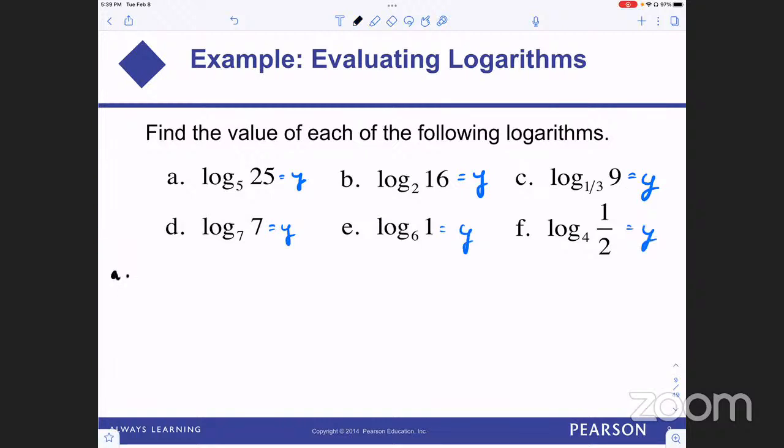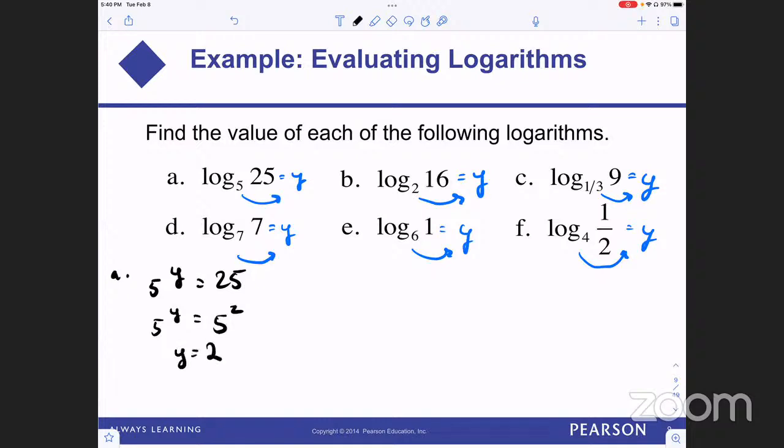For A, if we rewrite this as an exponential, 5 to the power of y equals 25. So then you have 5 to the power of y equals 5 squared. So then y equals 2.